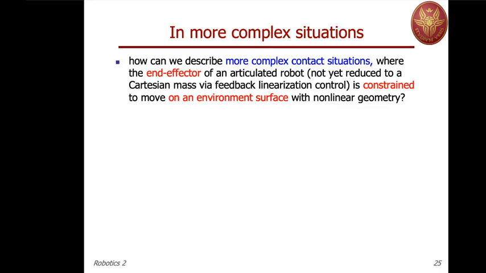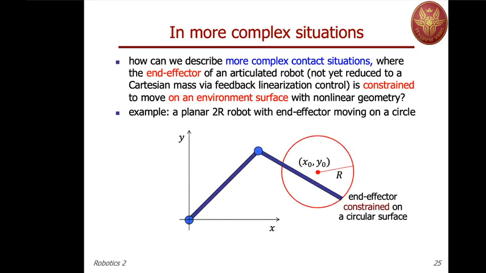It has its own nonlinear geometry as well. So as a simple example, again simple but already complex enough to understand that we need a general approach, we may consider a planar two-link robot and its end effector moving in contact with a circle. So the end effector, as long as we have contact, is constrained to belong to a circular surface.